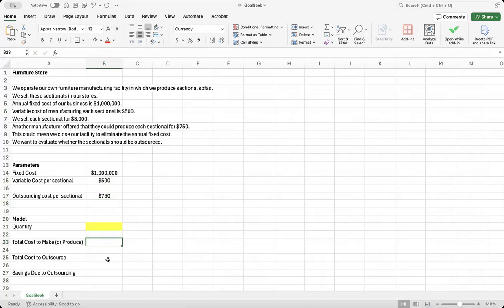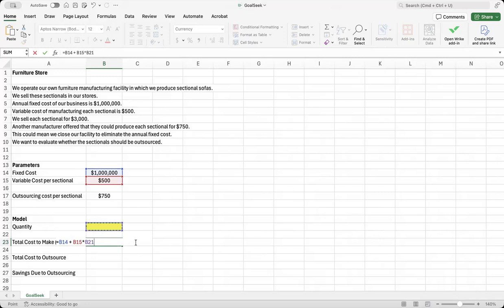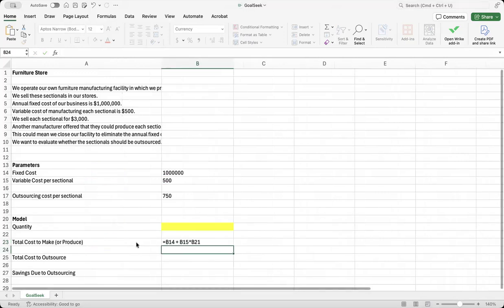Total cost to produce the sectionals at a specific quantity will be equal to the fixed cost plus variable cost. And variable cost is going to be variable cost per sectional times however many sectionals we produce or we make.